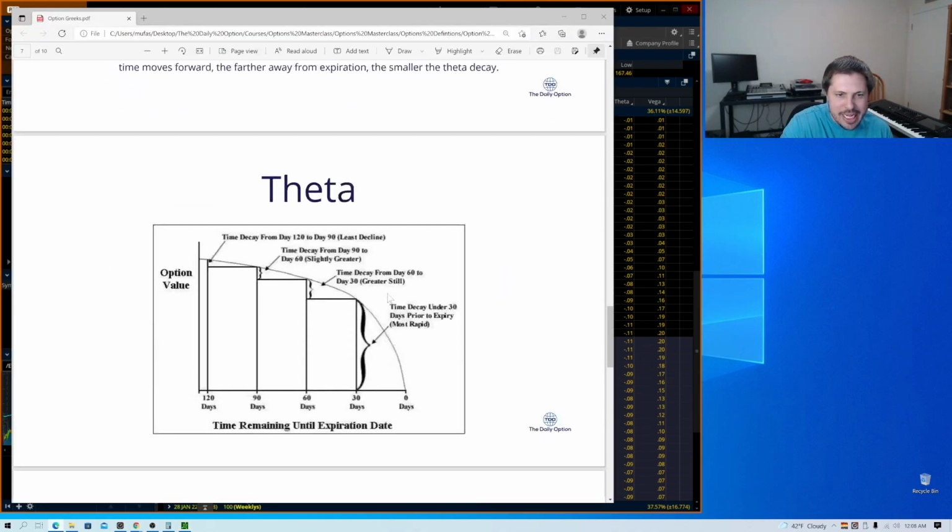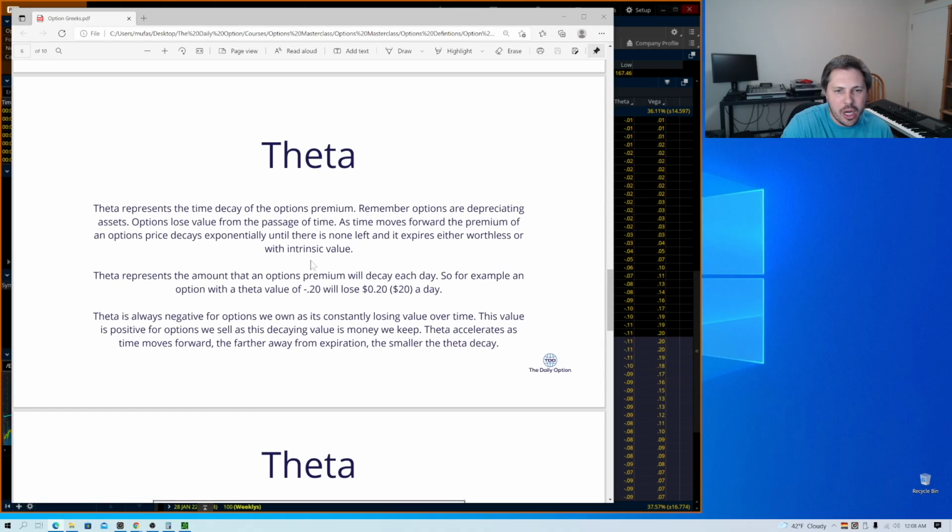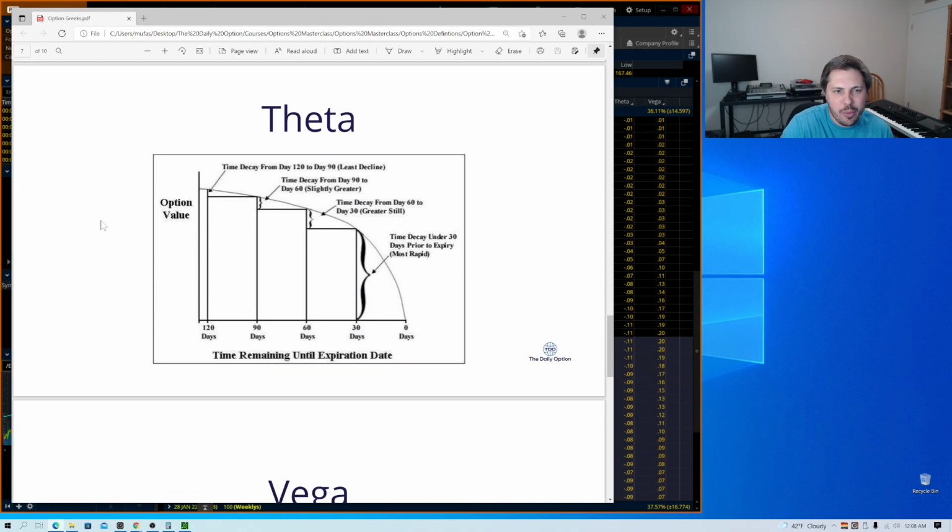And last but not least, another slide that I wanted to put up. This is a common graph that you'll see as a representation of theta, right? Where on the bottom here, we have time remaining until expiration, right? 120 days, 90 days, 60 days, 30 days, and 0 days. And here we have the option's value, right?